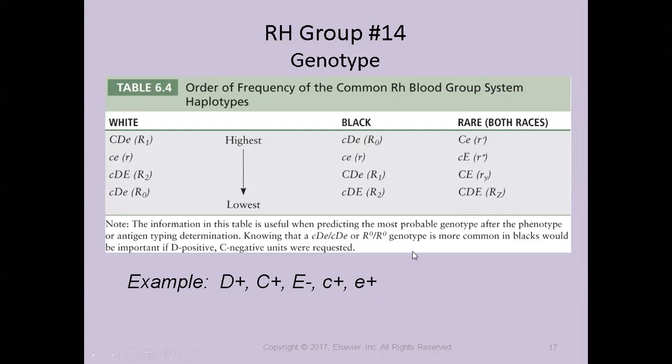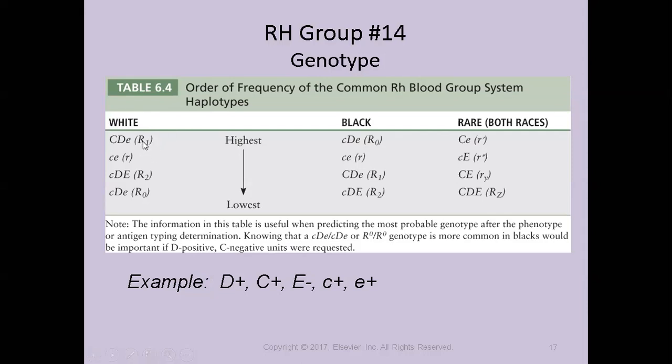Basically, I'm just going to go from left to right. Let's say our patient is white. So we want to look at the first genotype here, R1, that's the highest, most popular one inherited.